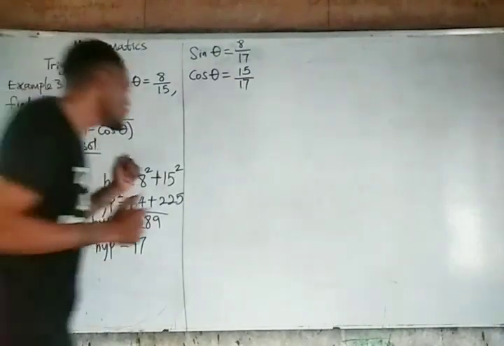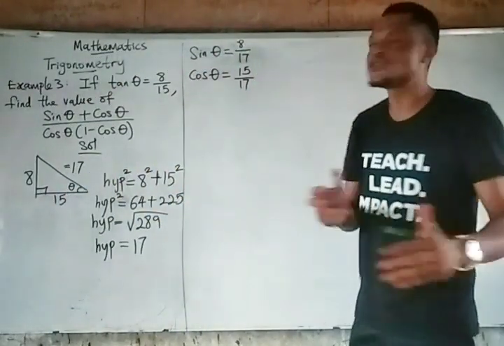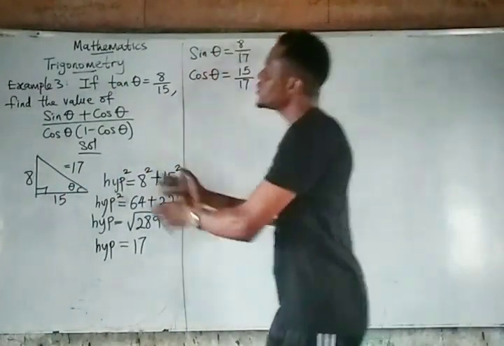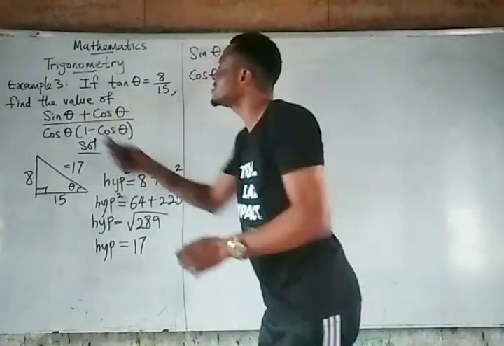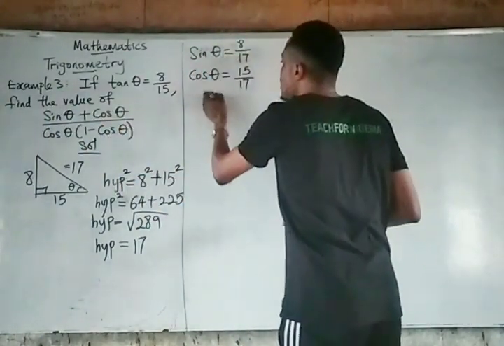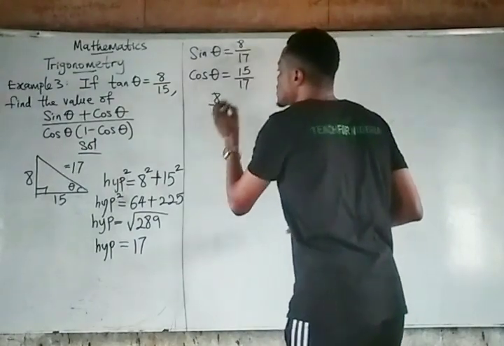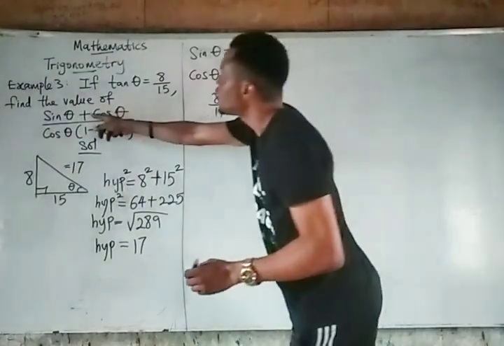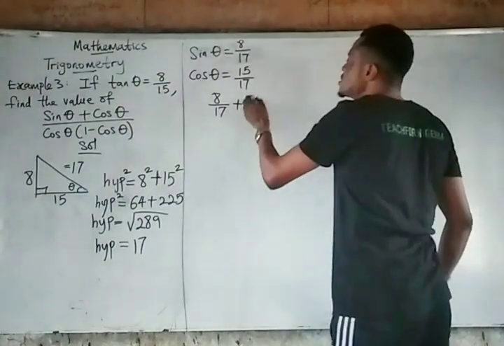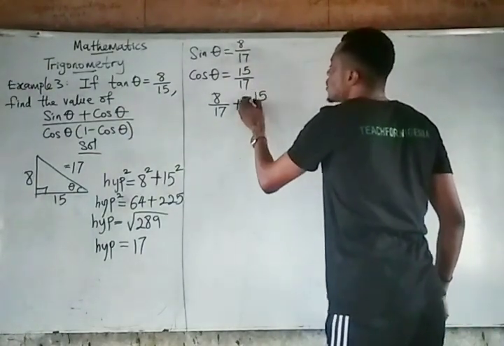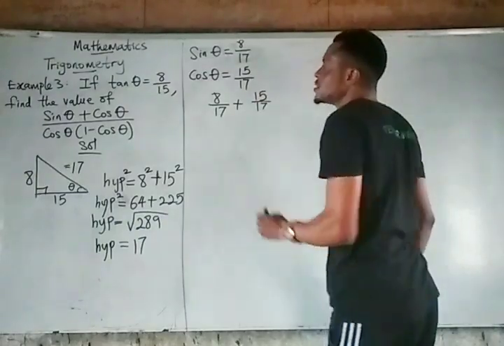Fine. All we now need to do here is to substitute these values into the expression we have here. Sin theta is 8 over 17 plus cos theta, which is 15 over 17.